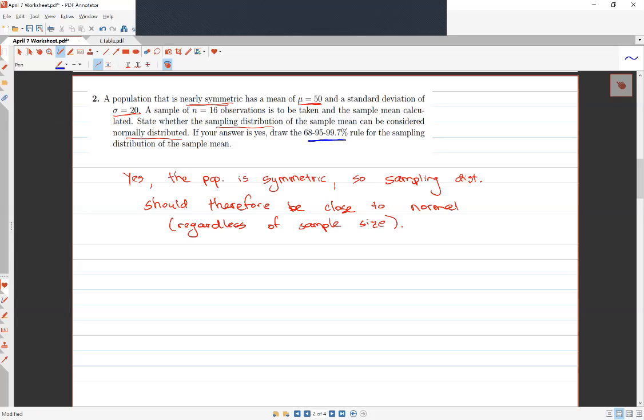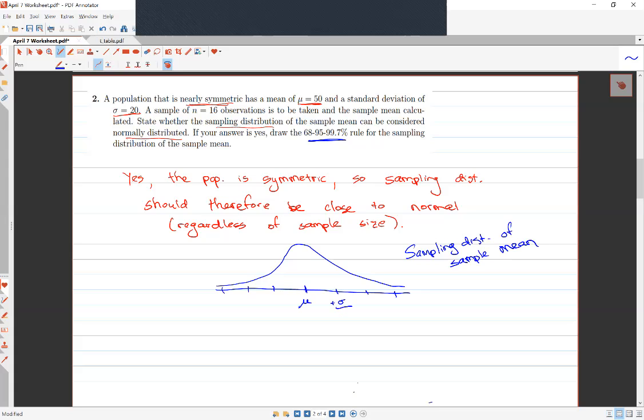So if we have normality, then the 68, 95, 99.7% rule applies. And what that looks like in the context of the sampling distribution of the sample mean is it's centered at mu, and then in each direction, we're continually adding or subtracting the standard deviation, which is given by sigma over square root of n.